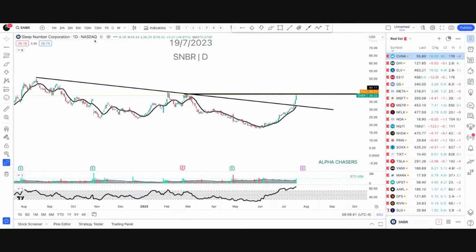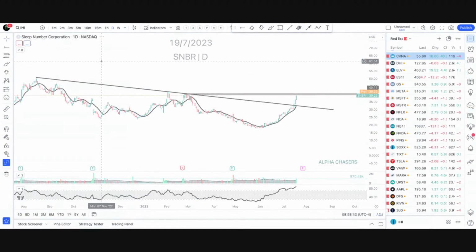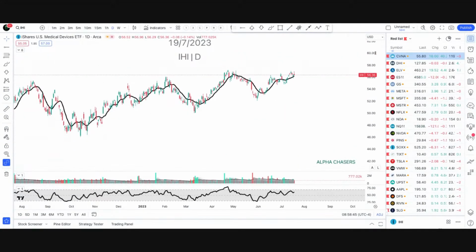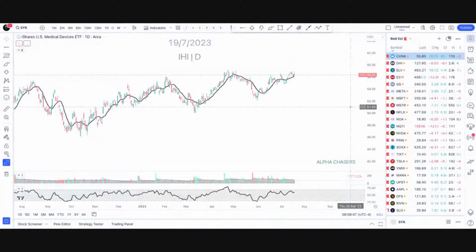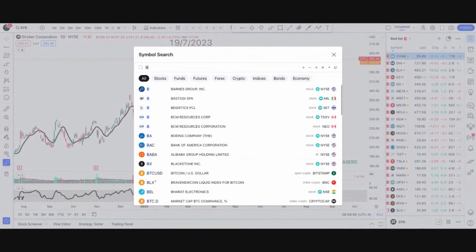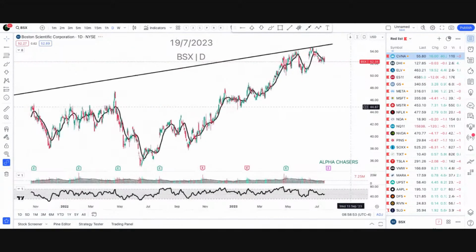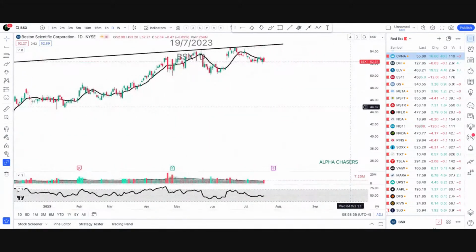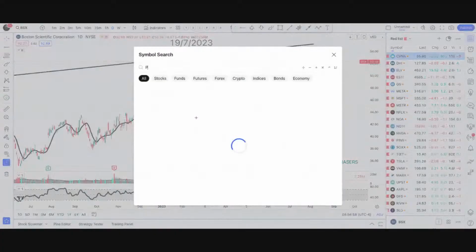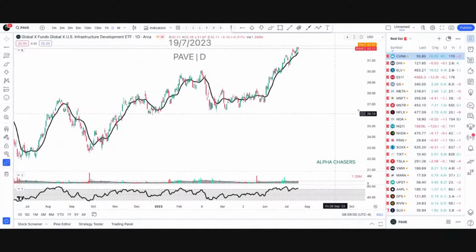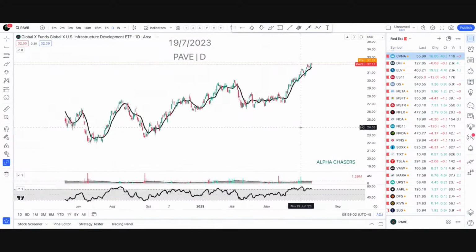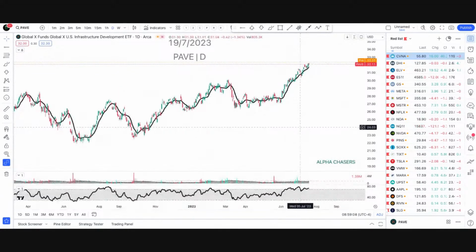IHI and PAVE. Let's get into it. IHI. I was watching all these names and then they never went anywhere. It's kind of disappointing. They never really had their moment, did they? I'm not crazy about them. They just never got where I want them to get to. I don't have any volume. I wouldn't go near it.